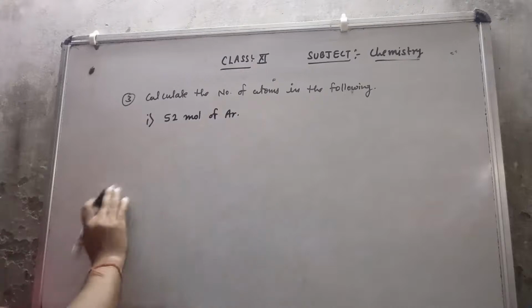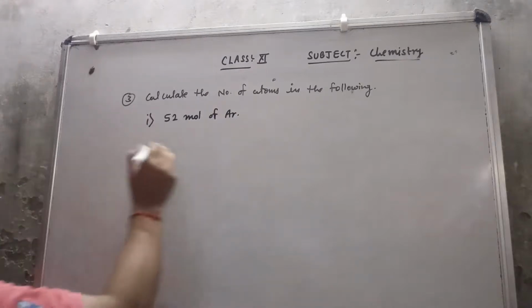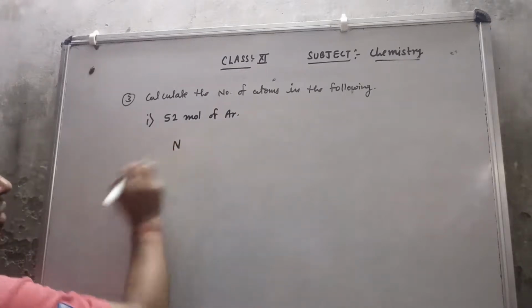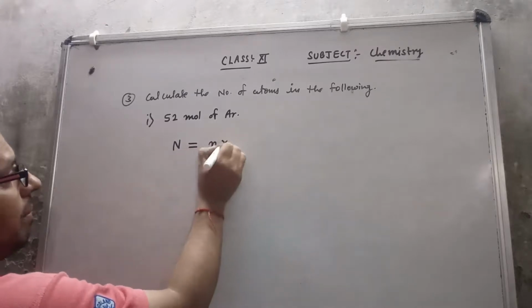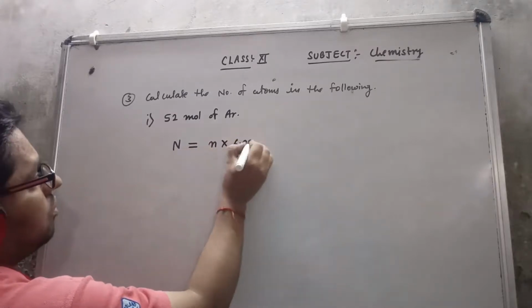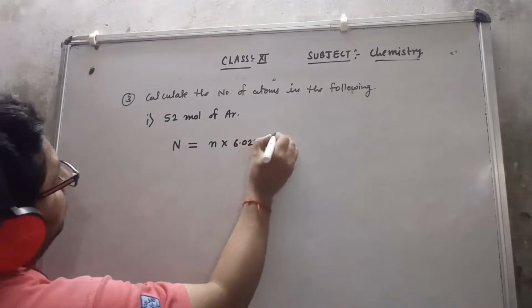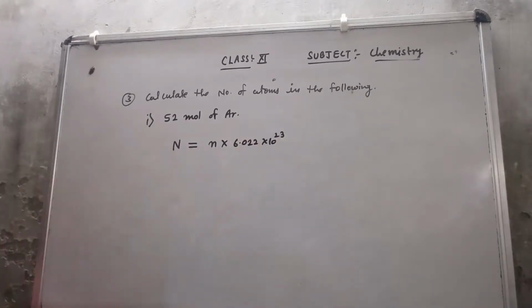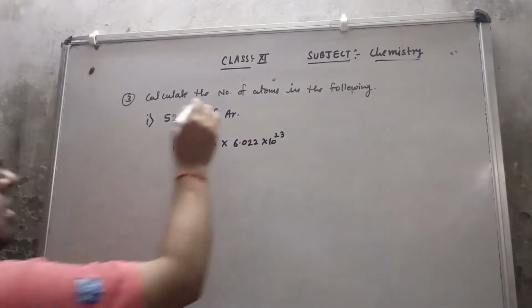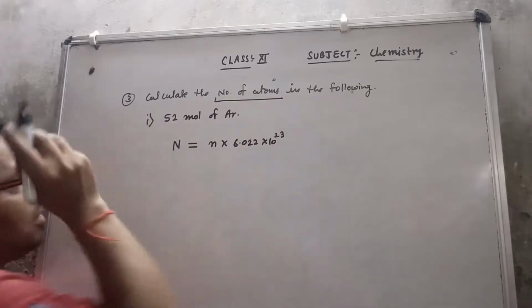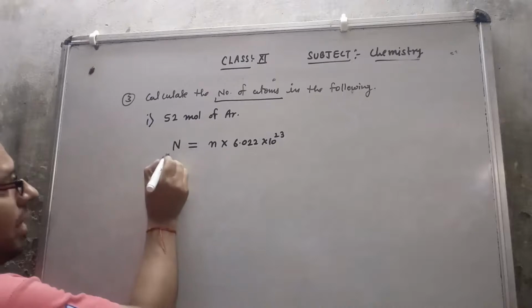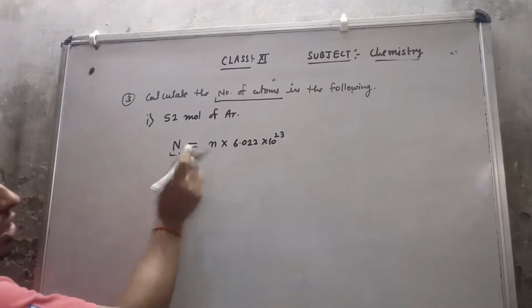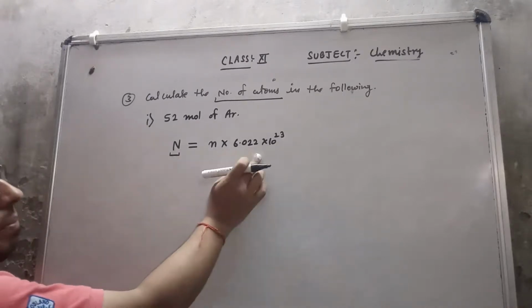To solve this type of question, I have told you one formula: number of atoms equals moles multiplied by 6.022 into 10 to the power 23. They are asking the number of atoms. For any molecule or particle, the formula is number of atoms equals moles multiplied by Avogadro number.